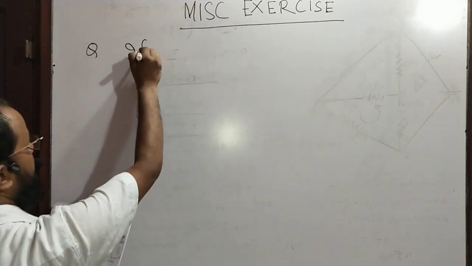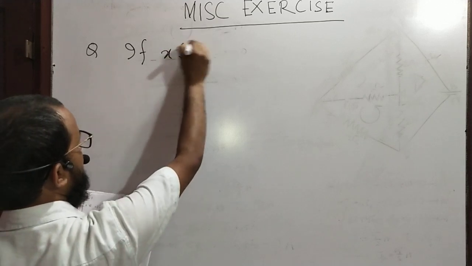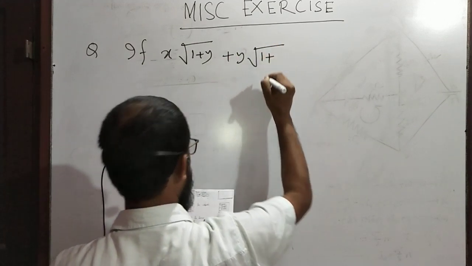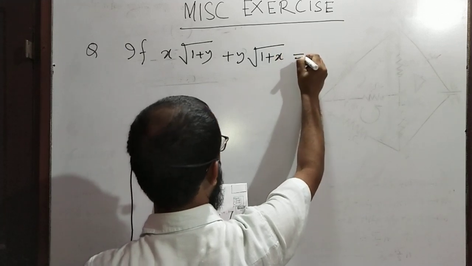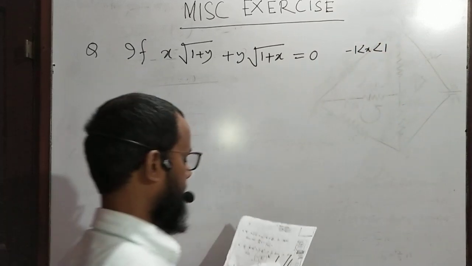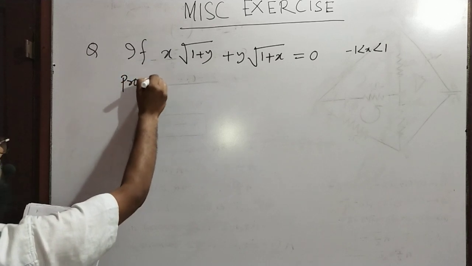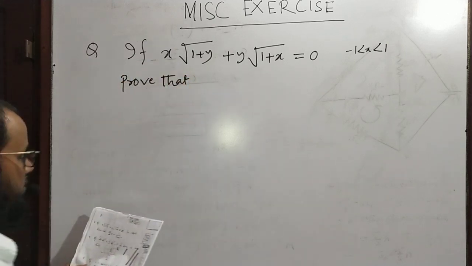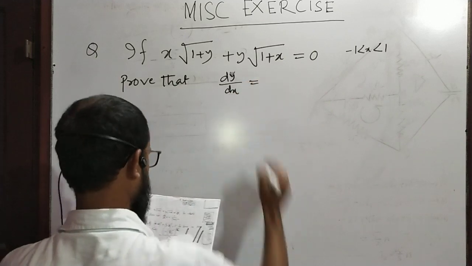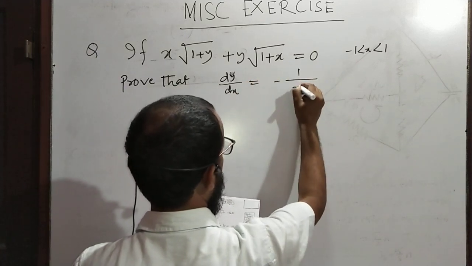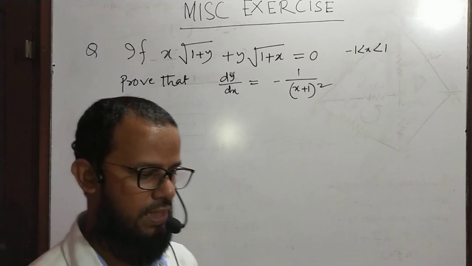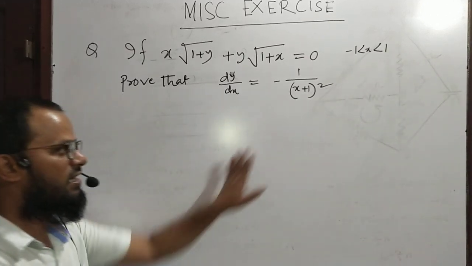The first question is: if x into root over 1 plus y, plus y into root over 1 plus x, equal to 0, where minus 1 less than x less than 1, you have to prove that dy by dx is equal to minus 1 by (x plus 1) whole square.